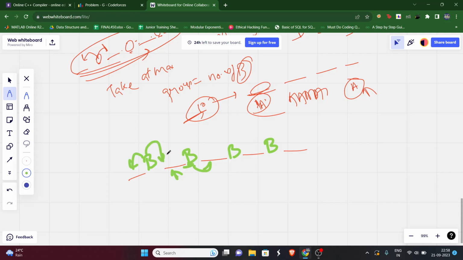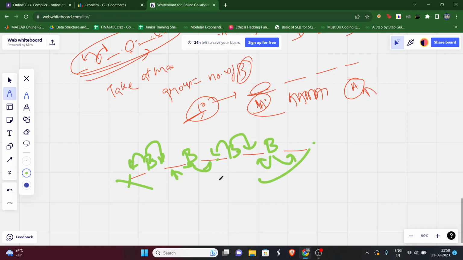I mean, for this first B as well, we have choices. So we can take all groups of A except one group. If we cancel this one, then we can take the right of the first B. Similarly, we can take the right of the second B, similarly the third right and the fourth right.